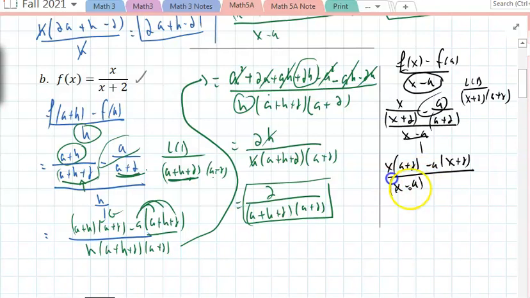The reason I don't distribute the denominator out, the purpose is to get rid of this term. So keep that in mind. That is ax plus 2a minus ax minus 2a. Cancel out.